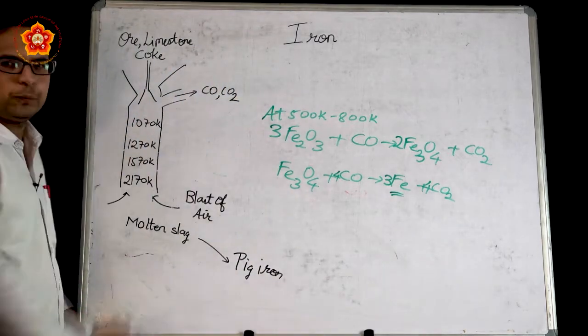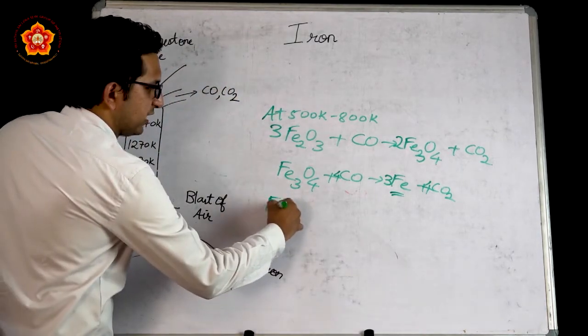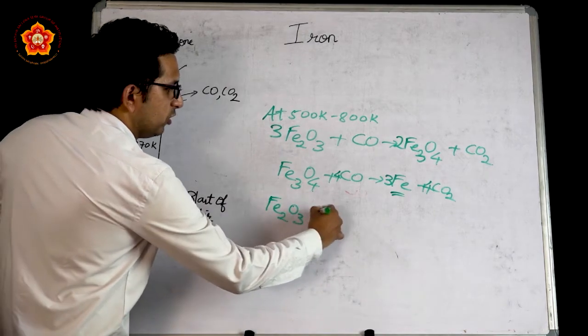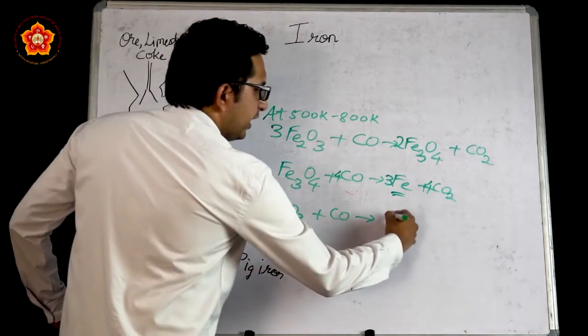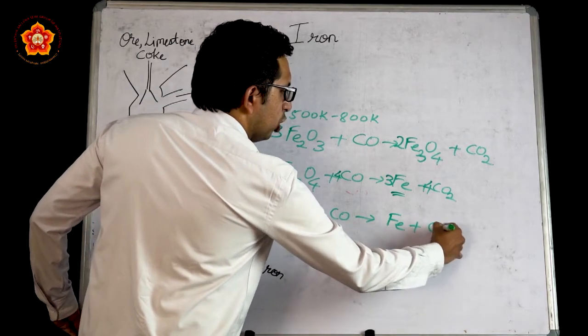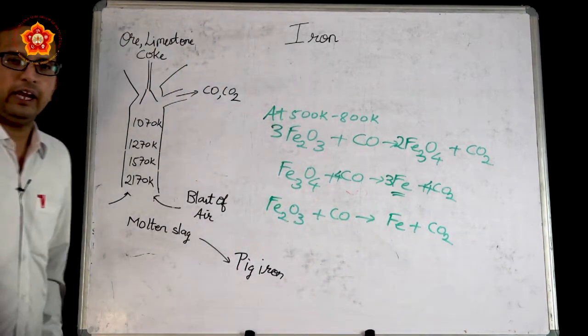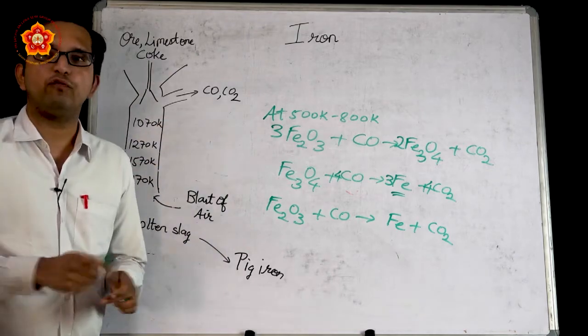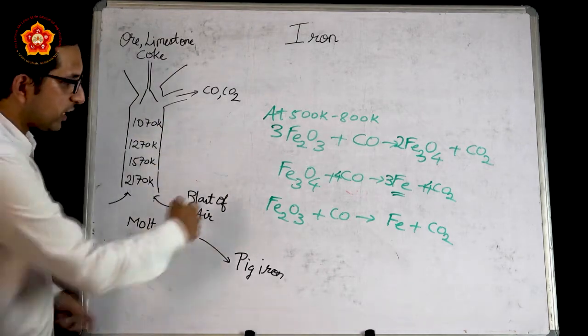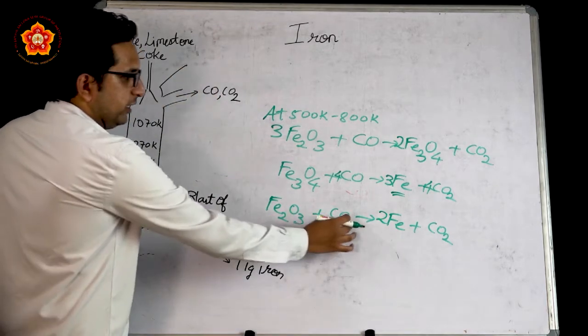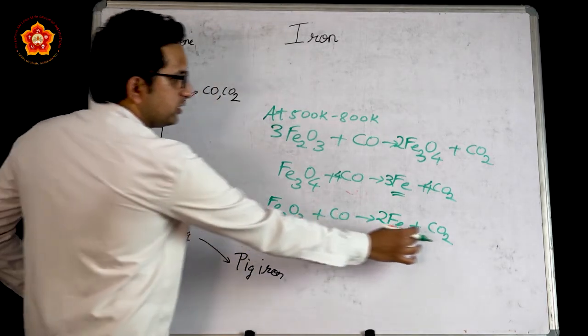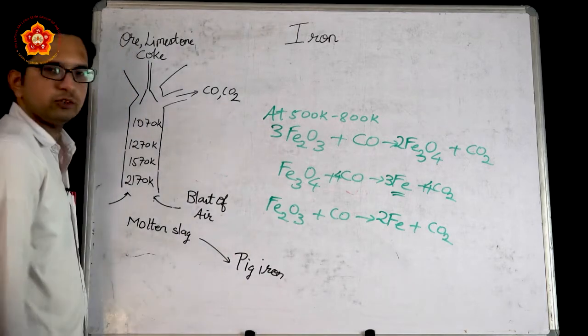What about the other possible reaction? The other possible reaction is Fe2O3 on reaction with carbon monoxide may directly end up giving iron metal also. It is not necessary that it has to go through Fe3O4. So what is the balancing in this? This will become 2Fe. Here there are 4 oxygen atoms and 2 oxygen atoms on this side.